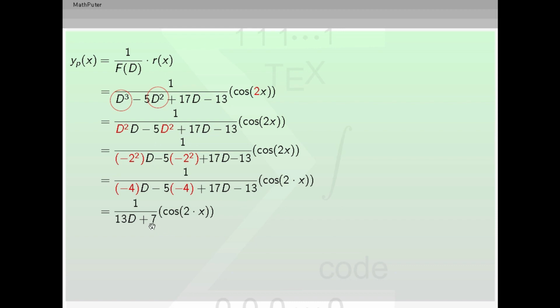Now the question is, how do we deal with this D? Whenever we come to this situation, we convert this D into D square. Here I am explaining the logic. How do we convert this D into D square? Multiply and divide by 13D minus 7.